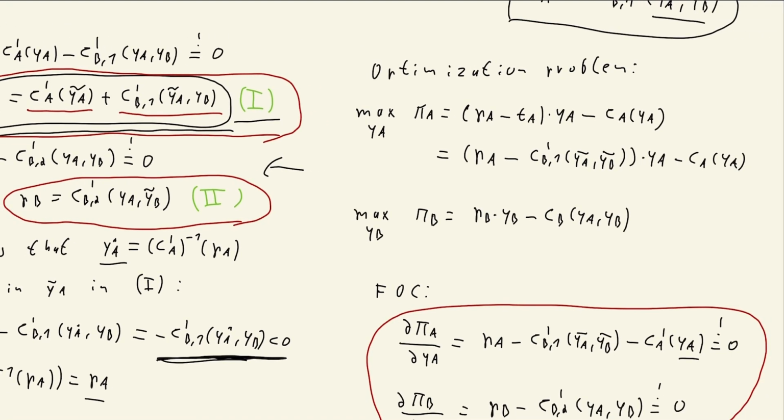Hence we made sure that the steel producer fully internalized the negative externality on the fishery by this Pigouvian tax, which is just making sure that you tax in a way that you reach the social optimum.